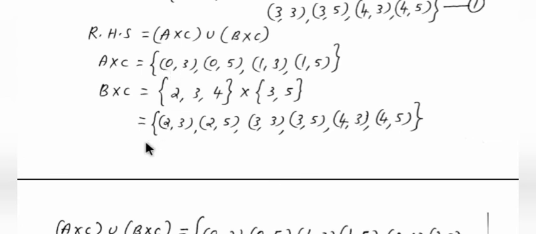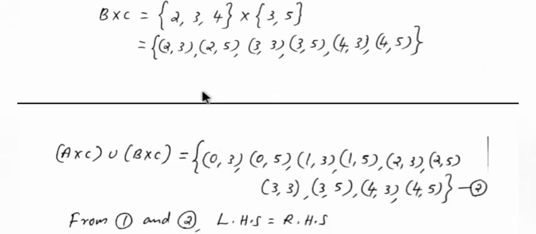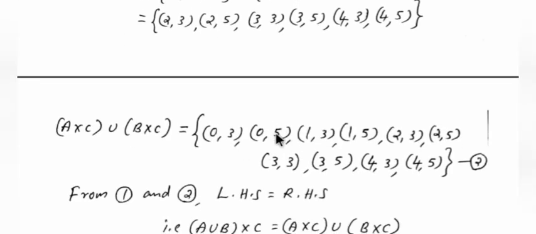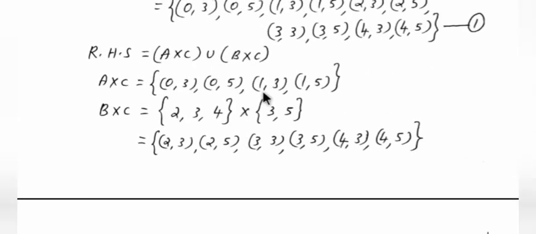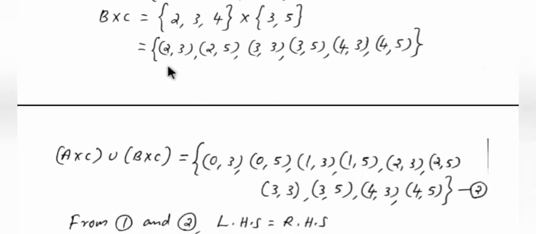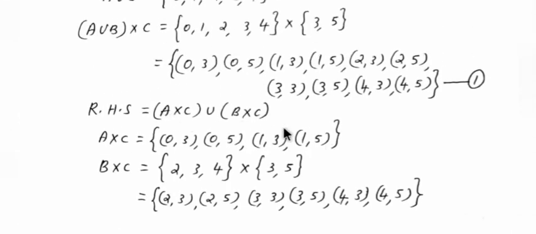First 0, 3, then 0, 5, take in ascending order. Then 1, 3, then 1, 5, then 2, 3, 2, 5, 3, 3, 3, 5, 4, 3, 4, 5. Put equation number 2. Since here RHS is over.